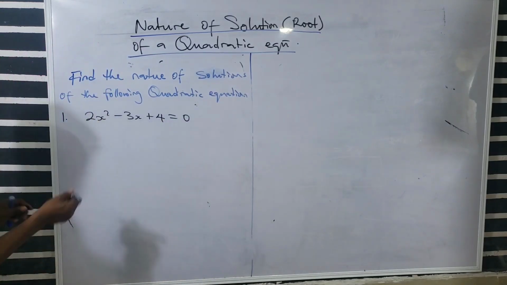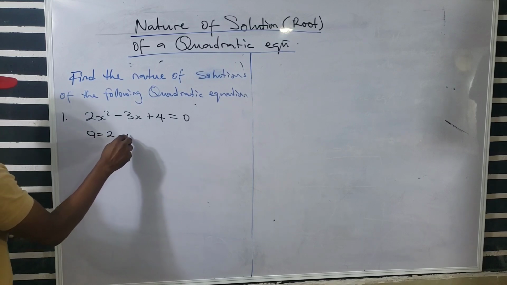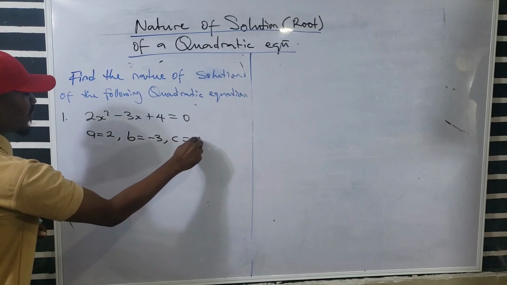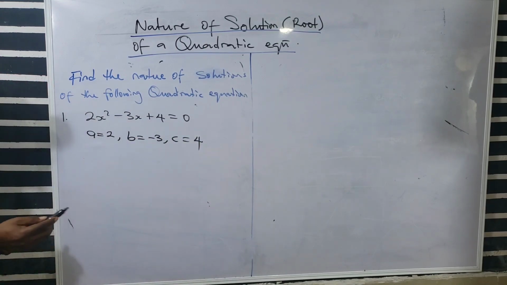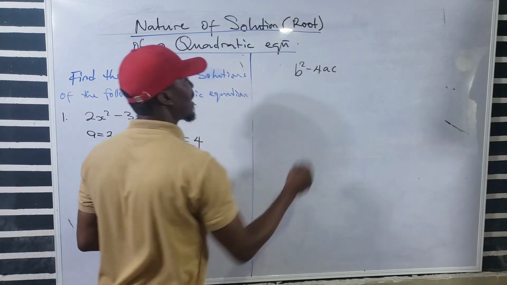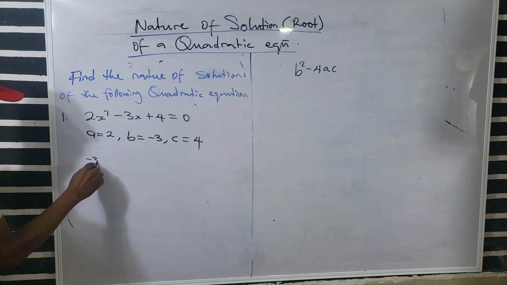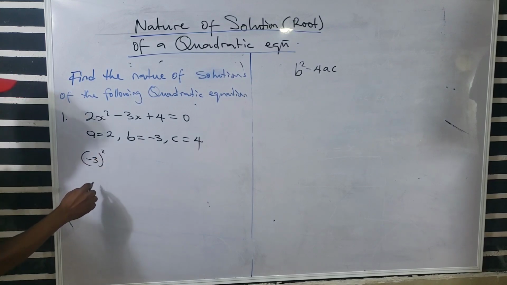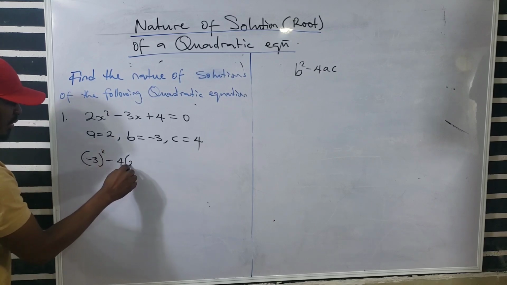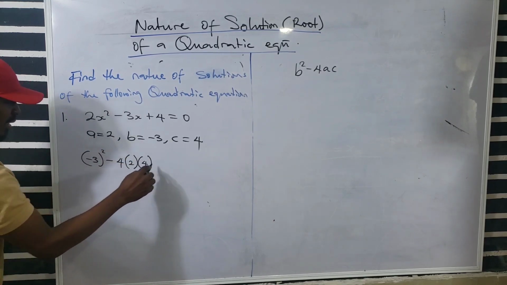So what do we do? We first of all list out our values: a is 2, b is minus 3, and c is 4. We test it with b square minus 4ac and see the kind of number we get. Minus 3 all square, which is our b square, minus 4 into 2 into 4.